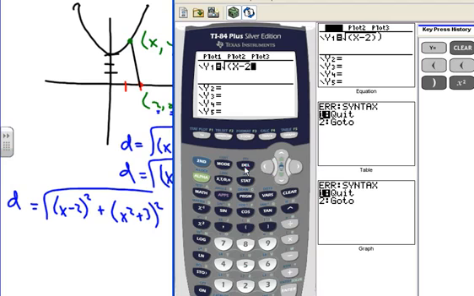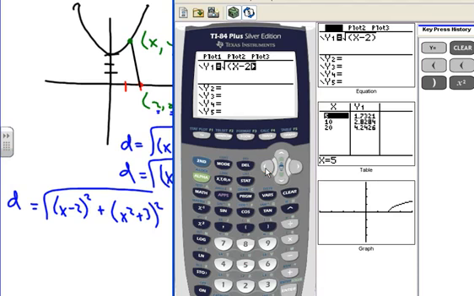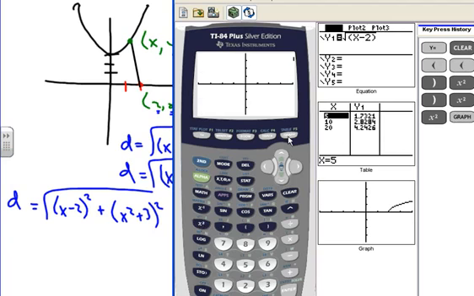Not me. All right, there we go. And then let's add that to the quantity x squared plus 3, quantity squared, and we can graph this to find out what it looks like.